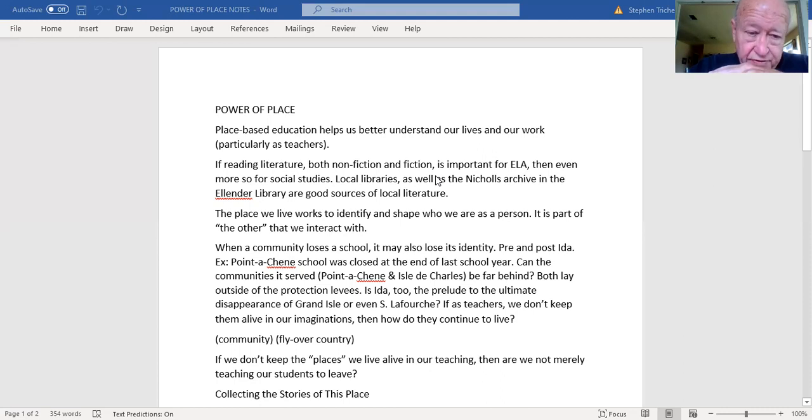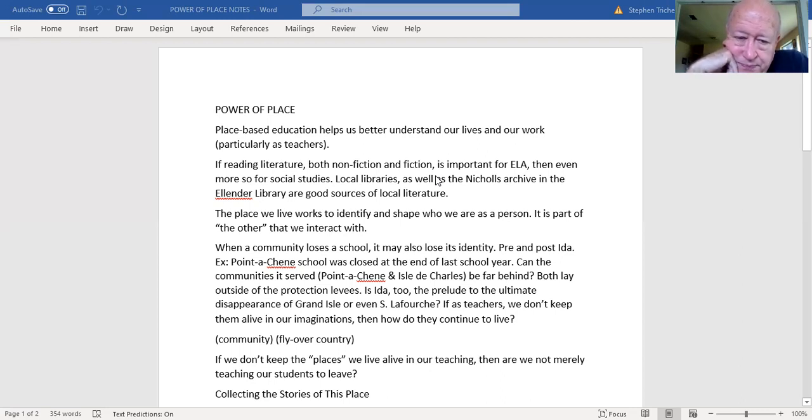The school served a primarily Native American community, both in Pointe-aux-Chenes and Ile-de-Charles, which are places that we are destined to lose because they both sit outside of the new protection levee that, if not built, is being built by the Corps of Engineers.